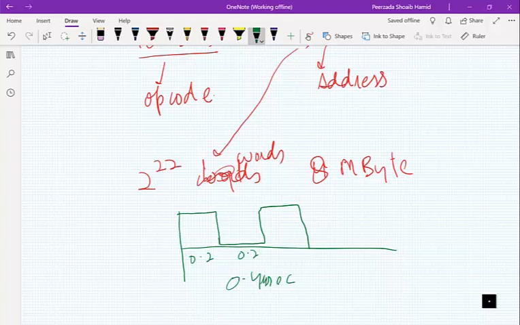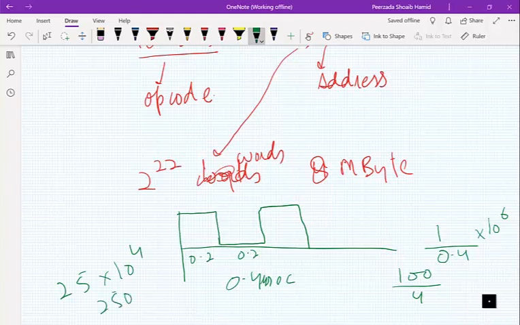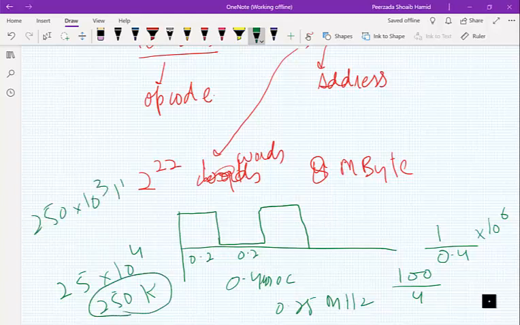That means at a rate of 1 divided by 0.4 microseconds, that is 2.5 into 10 raised to the power 6 divided by 10, that means 250 kilohertz or 0.25 megahertz, that means 250 into 10 raised to the power 3 hertz, that means 250,000 times in a second.